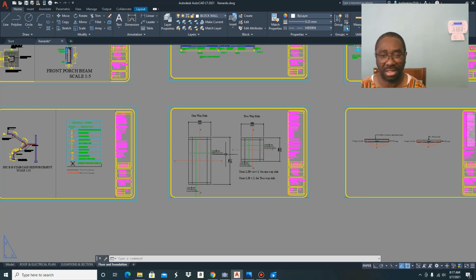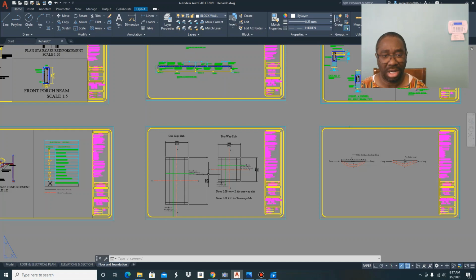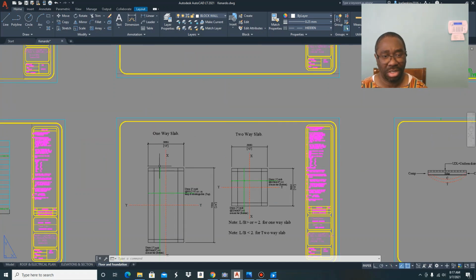So this is critical information, and you must take notes, especially when you're reading your slab reinforcement plan. As I said before, it is the engineer's responsibility to make your life much easier by putting the reinforcement in the correct place.